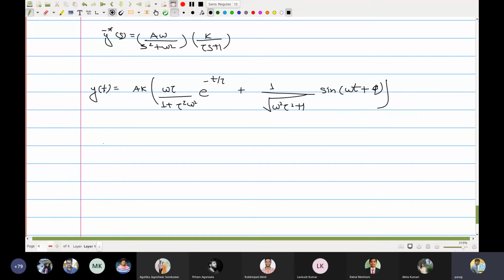Okay, where phi is tan inverse minus omega tau.